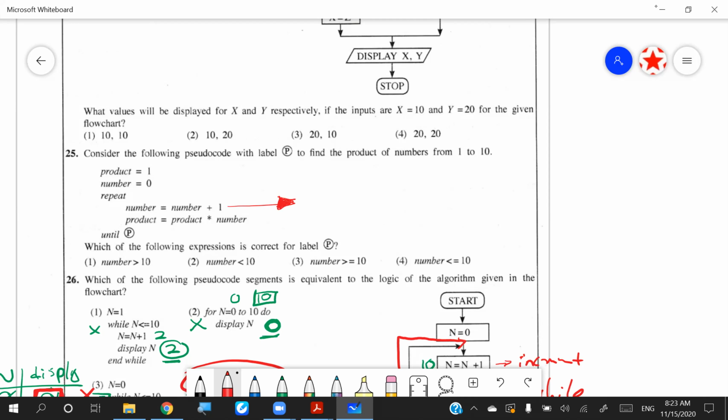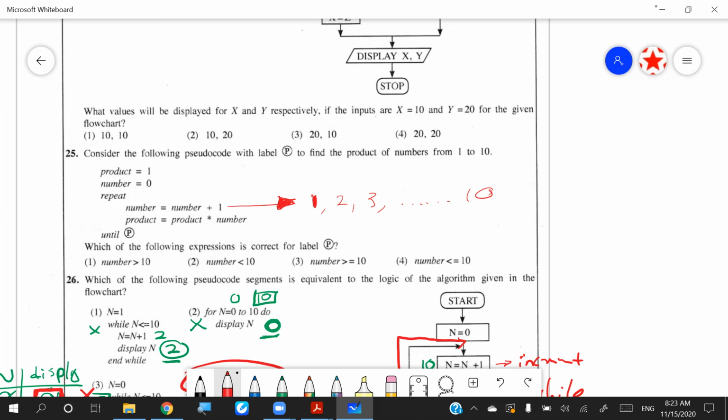It is starting from 0, and the very first time it's going to become 1, right? And next time it's going to become 2, 3, likewise it should go until 10. To continue this until 10, we have to iterate 10 times. So all 10 times the condition should be false.